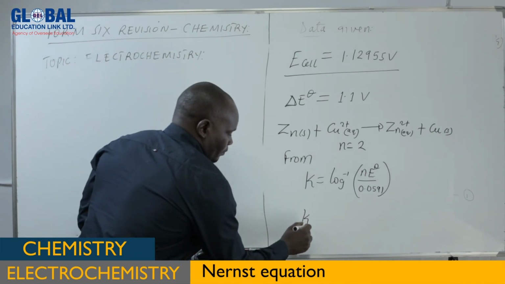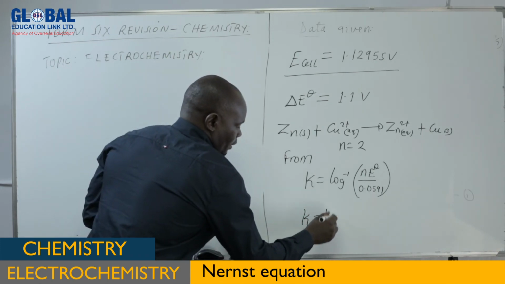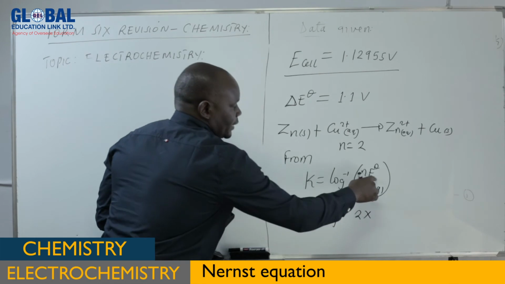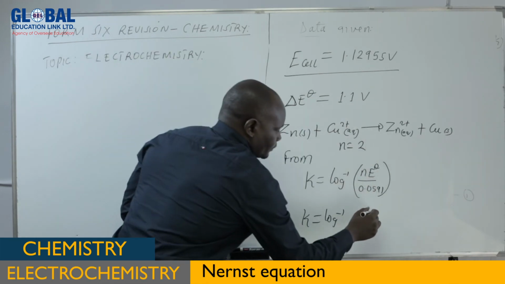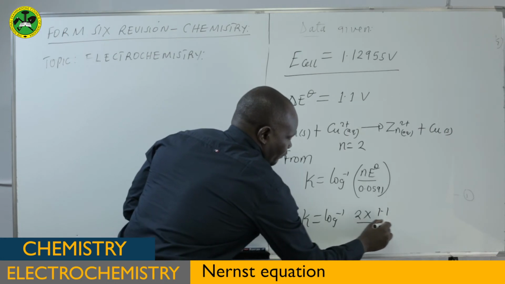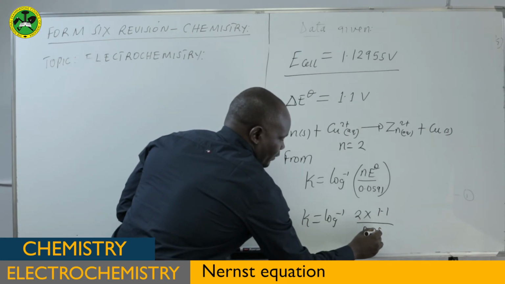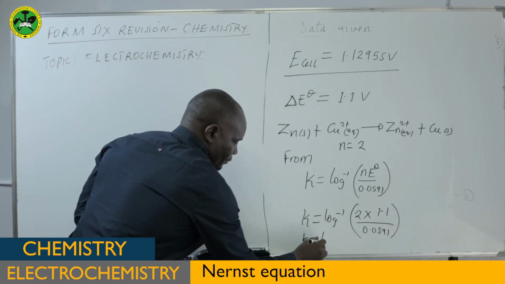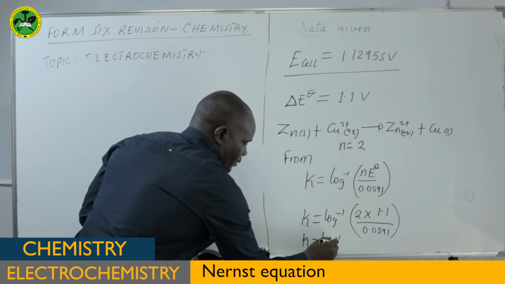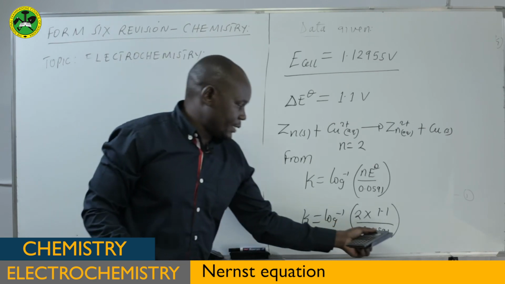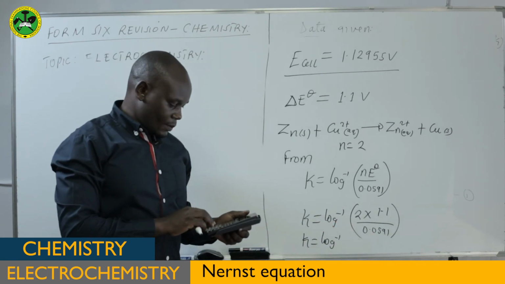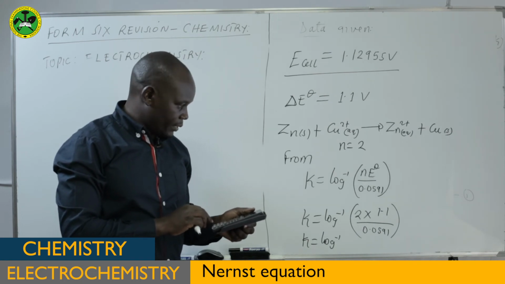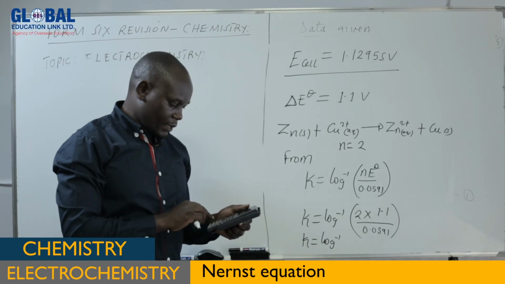So K here will be equal to log inverse of n, which is 2, times the standard electrode potential of the cell, 1.1, then divided by 0.0591. Now use your calculator to calculate the product: 2 times 1.1, then divided by 0.0591.